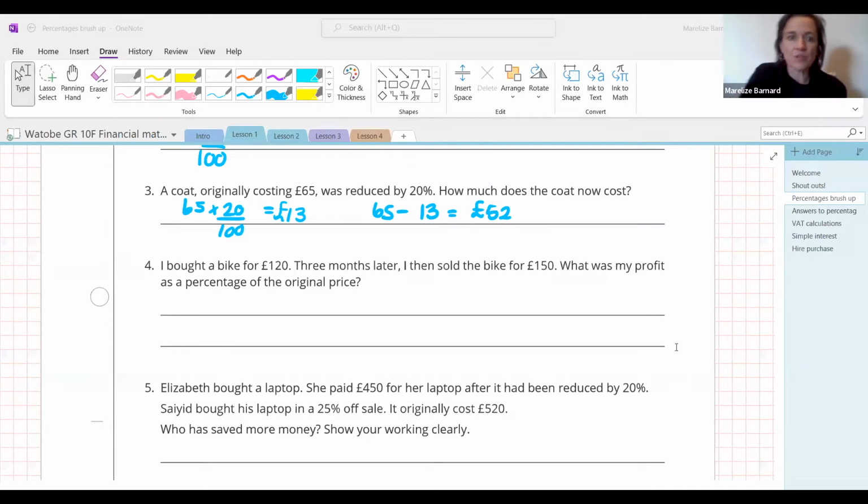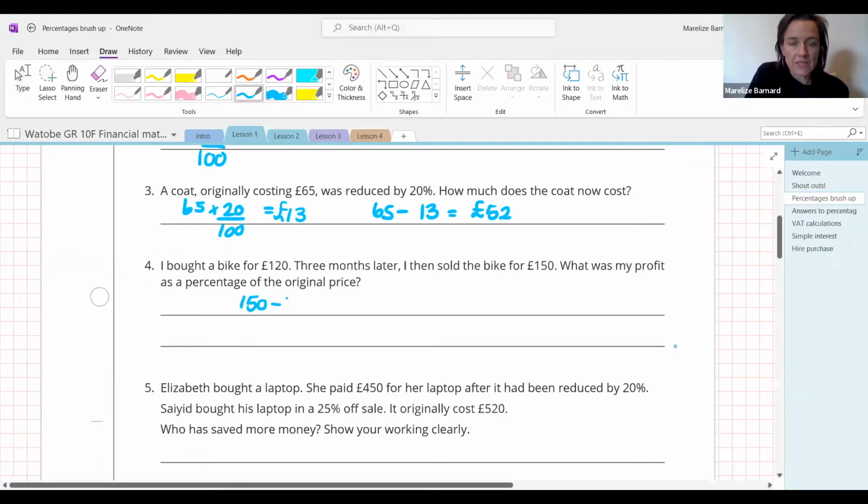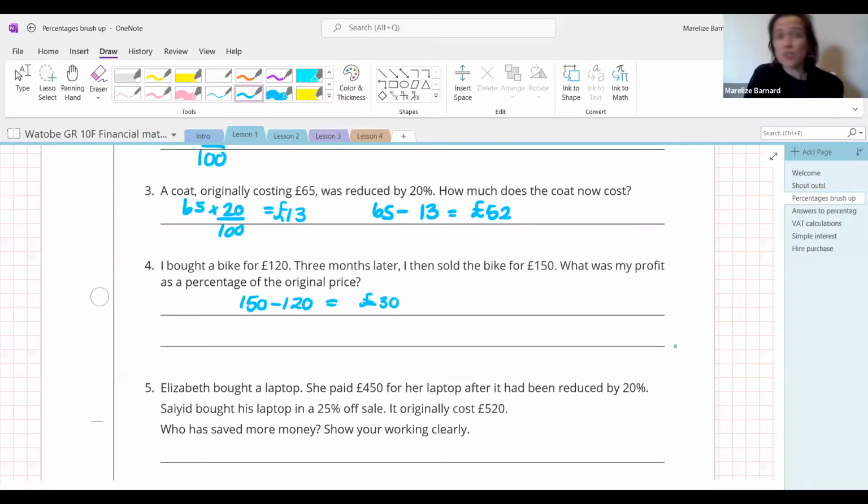We think through. So first of all, we are going to calculate 150 minus 120. That is 30. Yep, that's right. But that is most certainly not 30%. That's 30 pounds. We sold it for 30 pounds more.